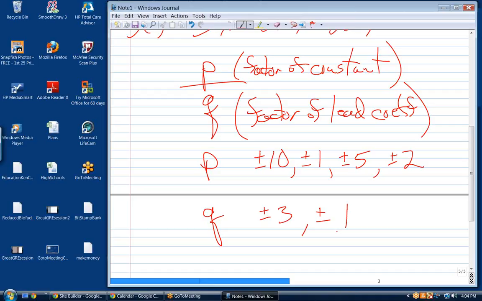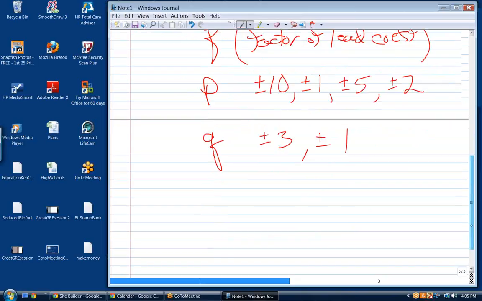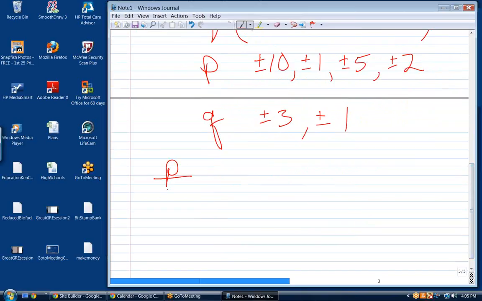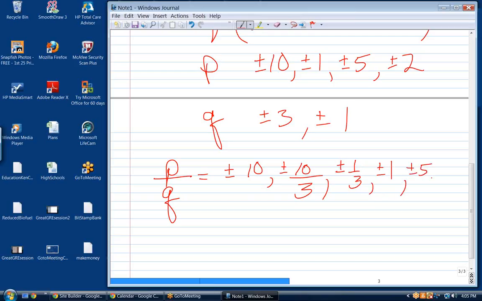So our possible rational zeros are any combination of this. So let's list them. What are our possible p over q? 10 over 1. What else? Plus or minus 1 over 3. Plus or minus 1 over 1. And plus or minus 5 over 3.